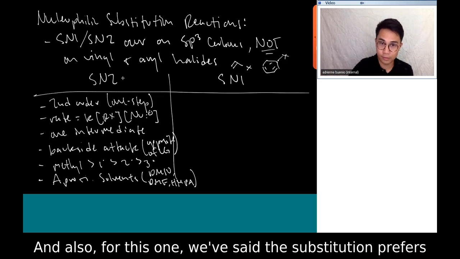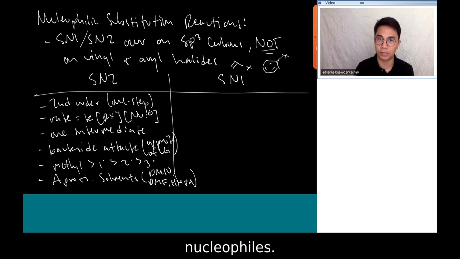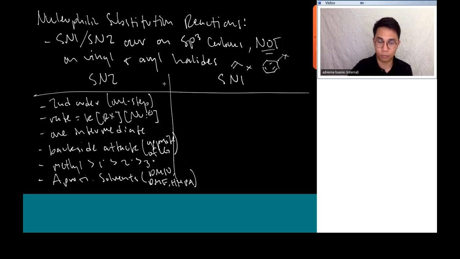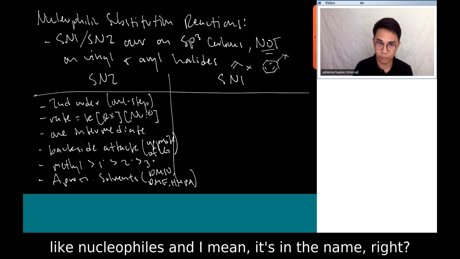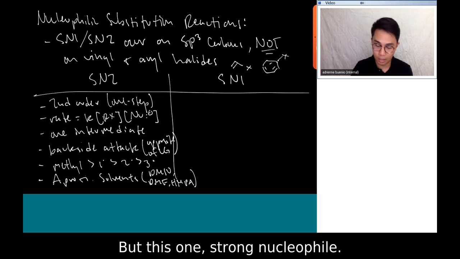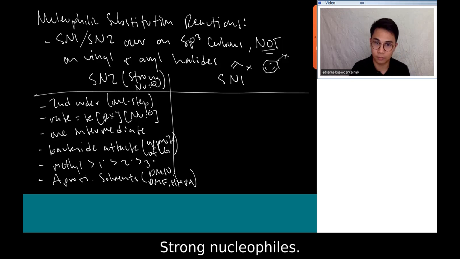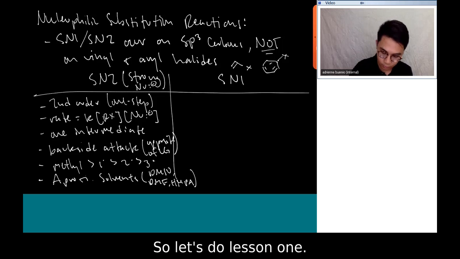And also for this one, we said the substitution prefers nucleophiles. So both of these will like nucleophiles, and it's in the name, right? But this one, strong nucleophiles, right? Okay, so let's do SN1.